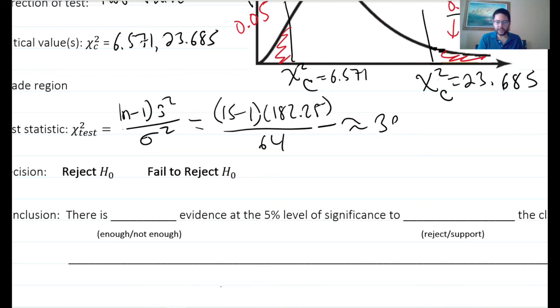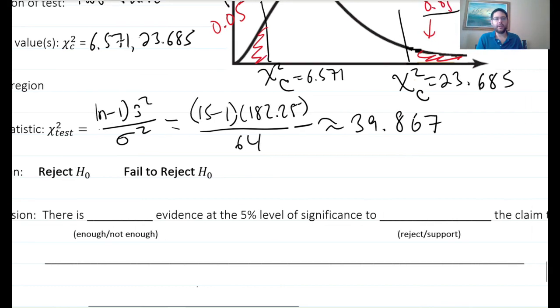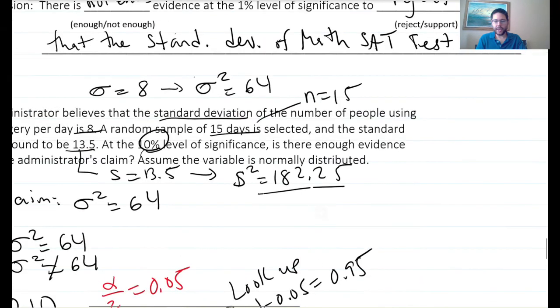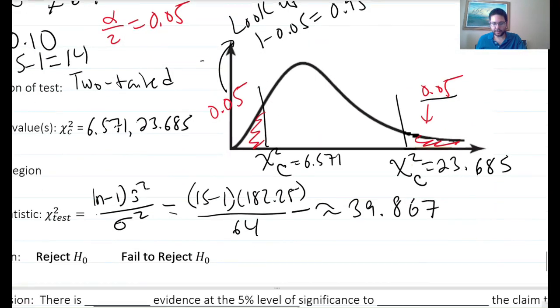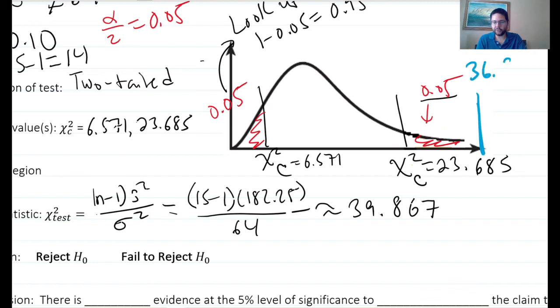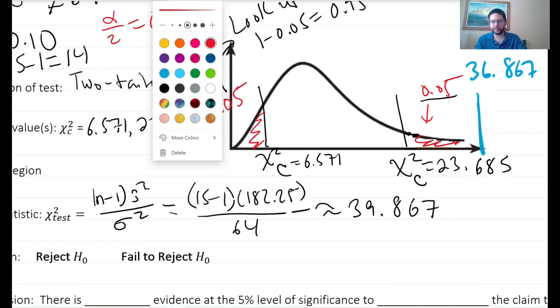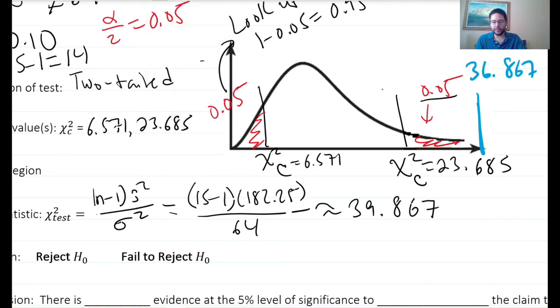So I get about 39.867. Okay, so that's all the way on the right side, around there somewhere. So we're definitely in our rejection region. We're on the right rejection region. So therefore, we're going to go ahead and reject.